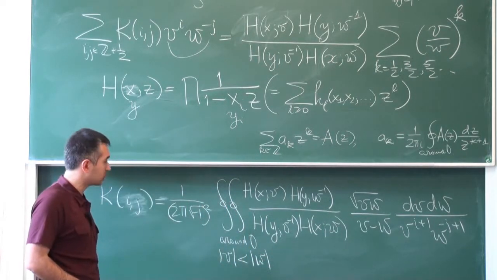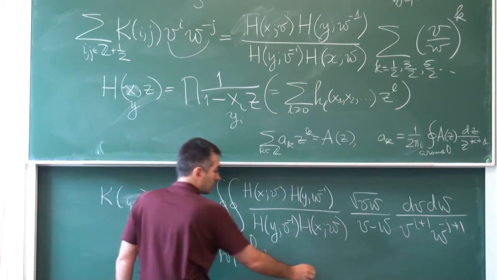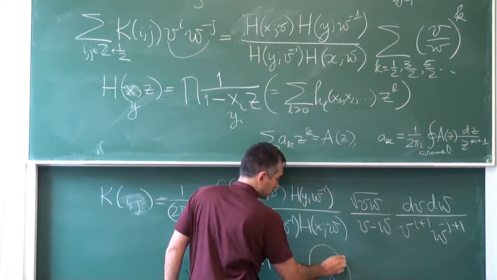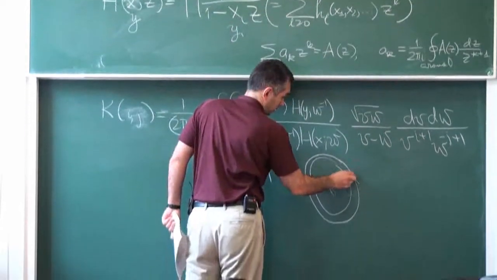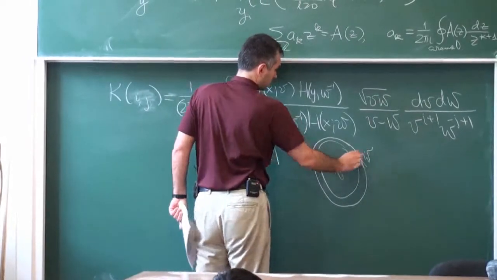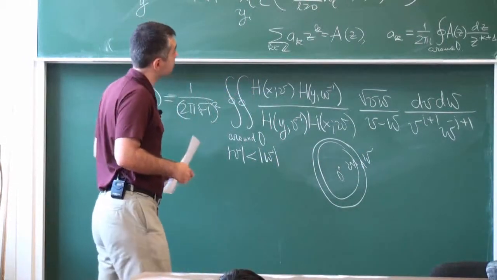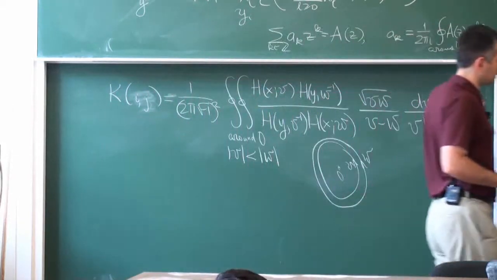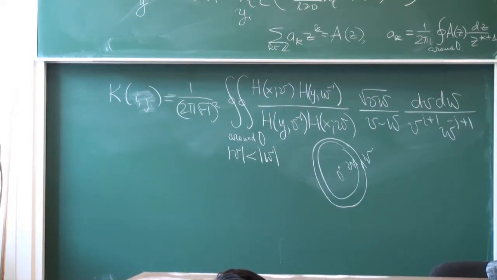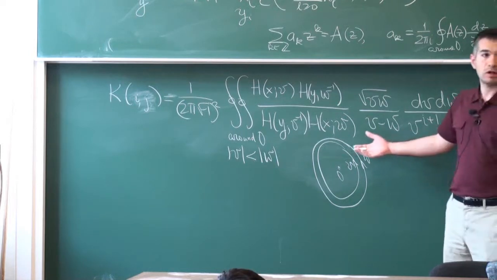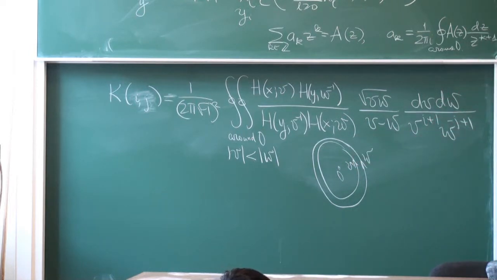So the contours that I will take will just be two circles in the positive direction, one inside the other. Okay. And we'll see that this type of expression is actually very convenient for doing asymptotics, and I'll do the asymptotics once I prove this theorem.